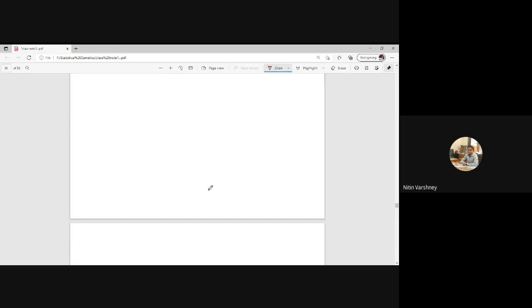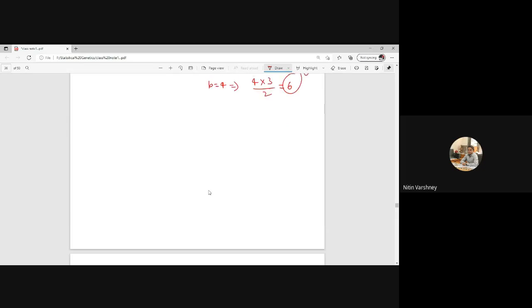If we have a small number of inbred lines, then in this case diallel crosses are preferable, diallel cross can be used.